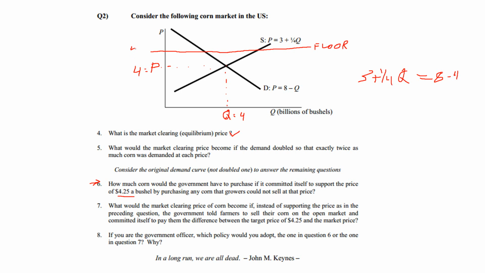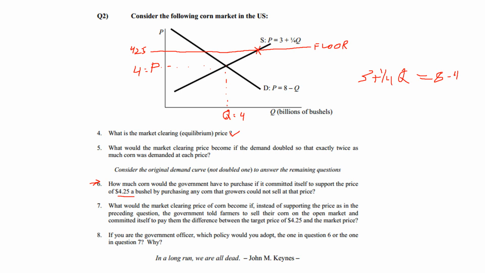Now this becomes a binding constraint because now the price has to be higher than what people in general are willing and able to pay. So what happens if I set this price floor above the equilibrium? Well, a couple things happen, and this is where you just got to look and see where it intersects the supply and demand curve. So 4.25 intersects the supply curve right here.